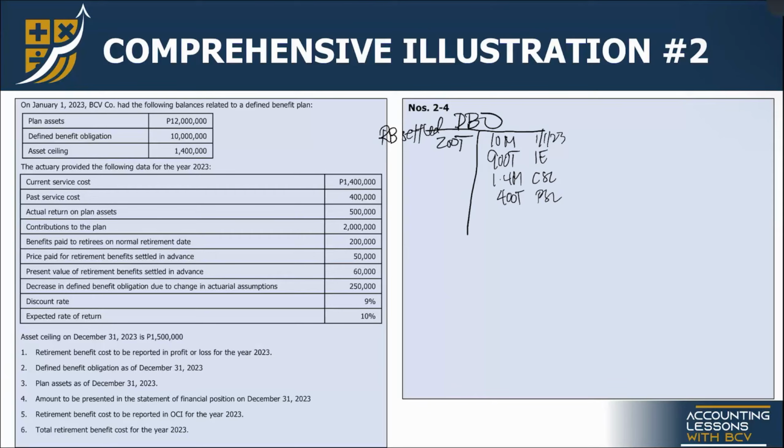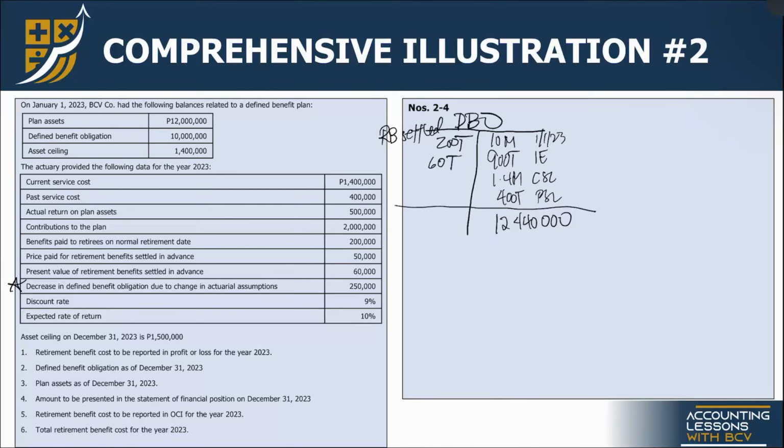Okay? Then for the premature settlement of benefits, alin kukunin natin? Price paid or present value? Of course, the present value, 60,000. Okay? Sige. So, compute the unadjusted balance. The answer is 12,440,000. Meron bang indicator kung may gain or loss siya? Actuarial gain or loss? Meron.